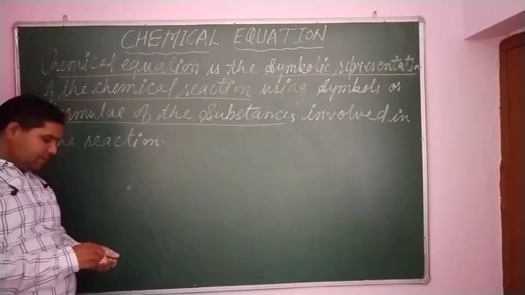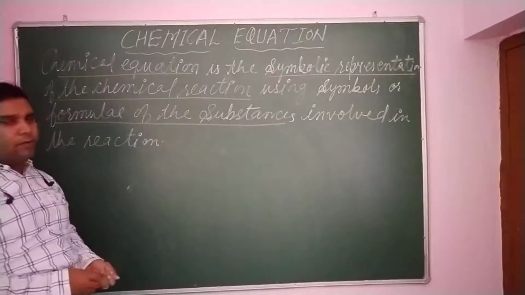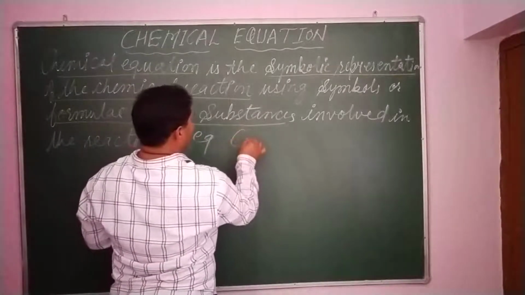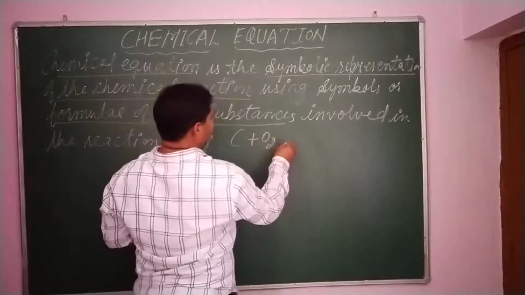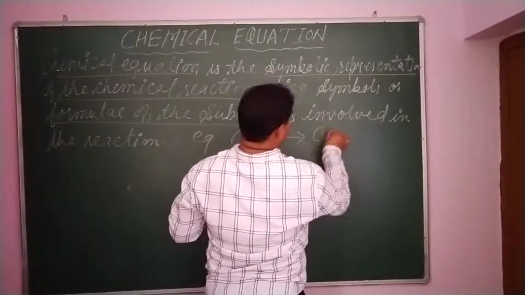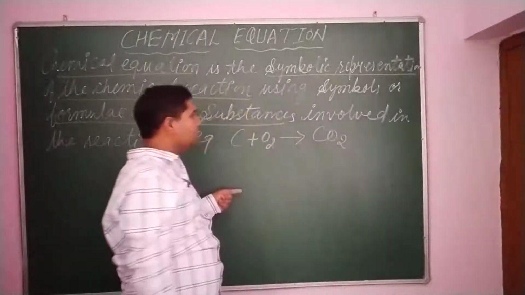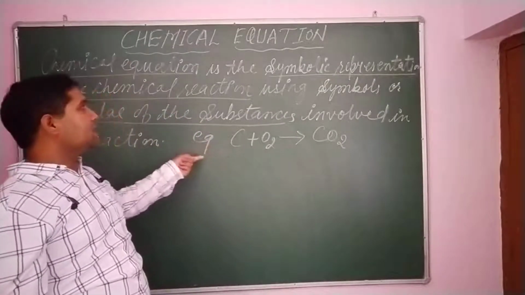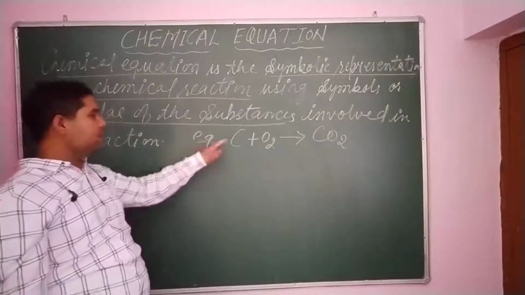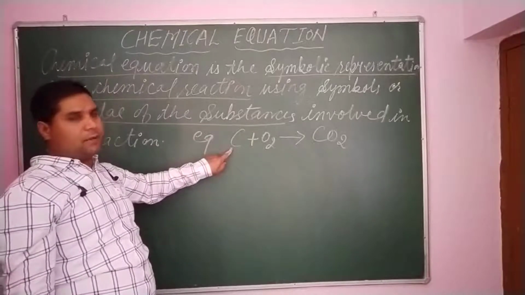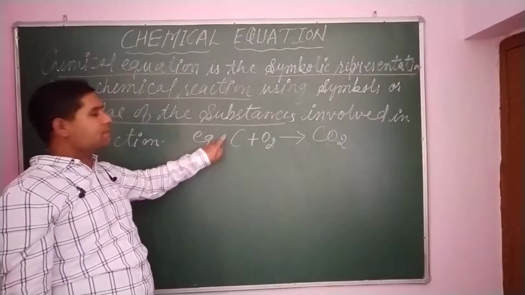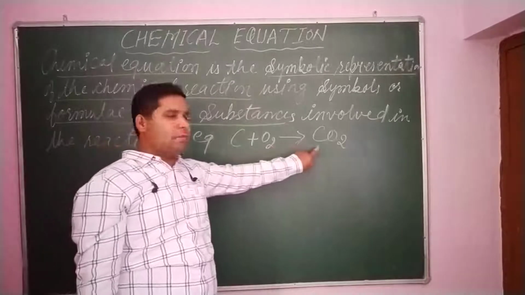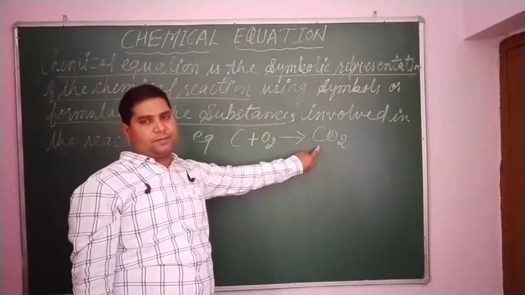Let us understand chemical equation with the help of an example. Example: carbon combines with oxygen and forms carbon dioxide. So dear student, this is being represented in the form of a chemical equation. See here, the element carbon is represented in the form of a symbol, here also oxygen, and finally a compound, carbon dioxide.